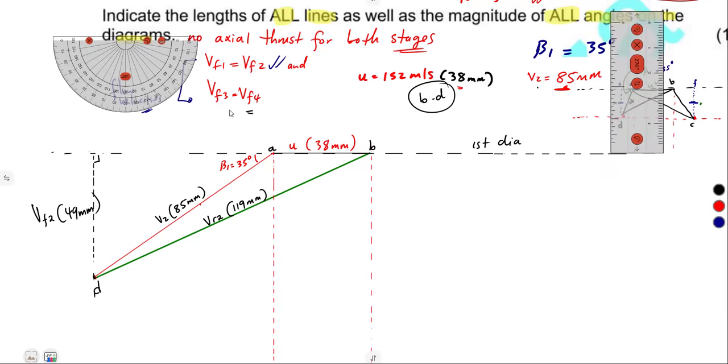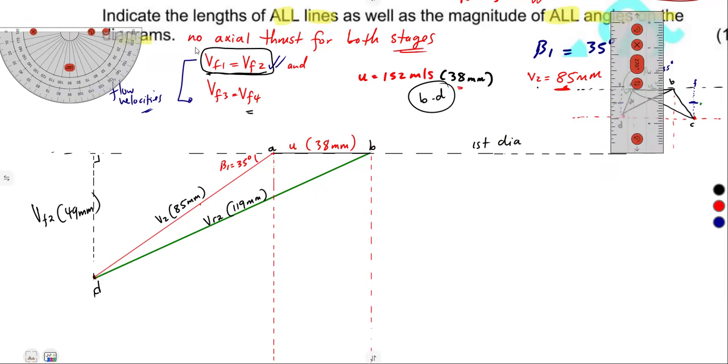Remember the concept: VF1 is equal to VF2 for the no axial thrust condition.